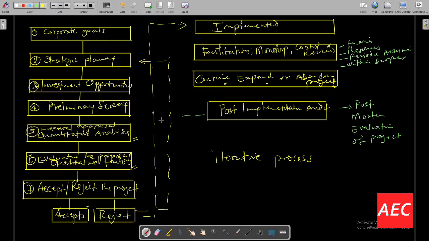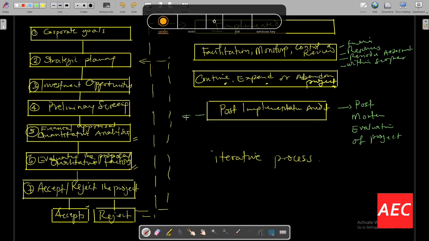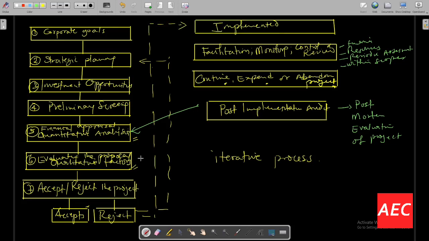So the post-implementation audit can also involve an assessment of the qualitative factors as well as the quantitative factors and assess whether the project achieved the qualitative factors and reduced the impact that I've already stated, such as the legal issues, environmental issues, as well as the social impact, negative government attitude.